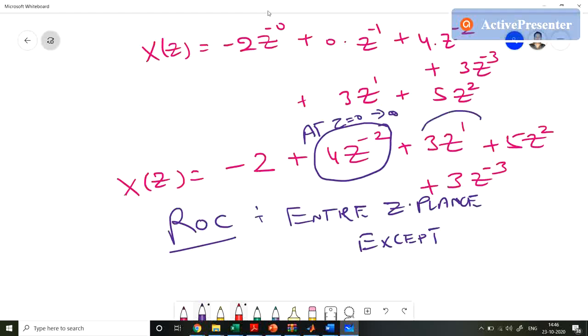And this term will tend to infinity when z tends to infinity. So except z is equals to 0 and z is equals to infinity, the entire z plane is the region of convergence. So the region of convergence for this question is the entire z plane except z is equals to 0 and z is equals to infinity.